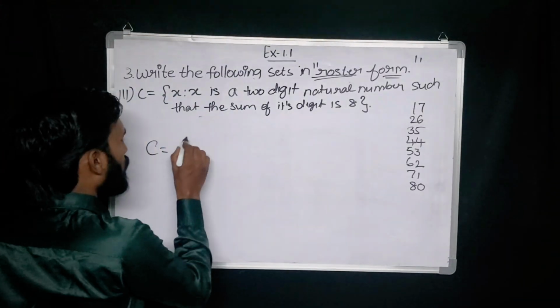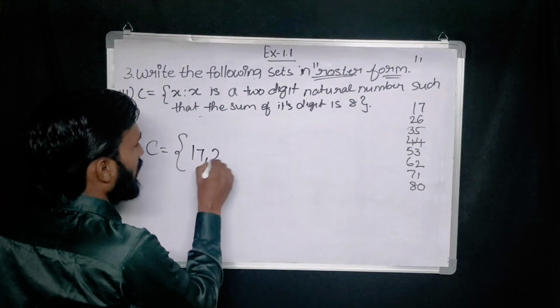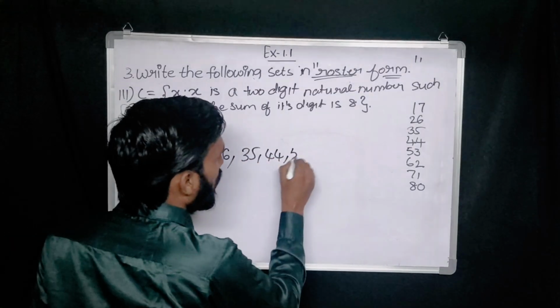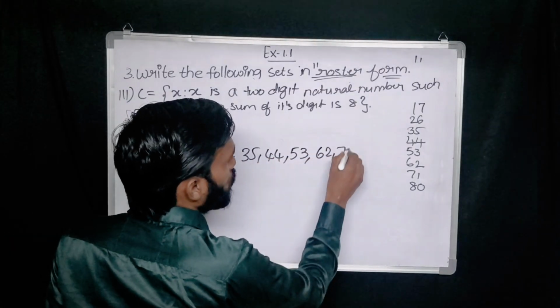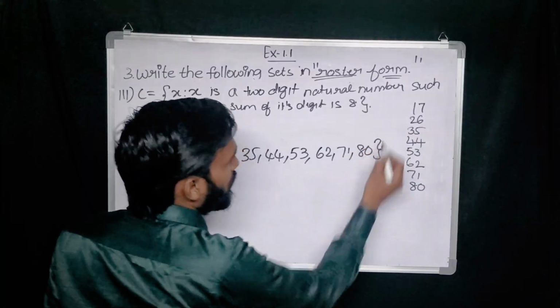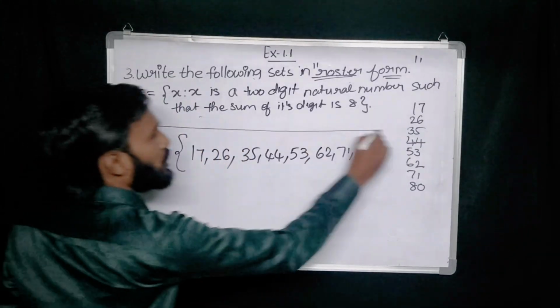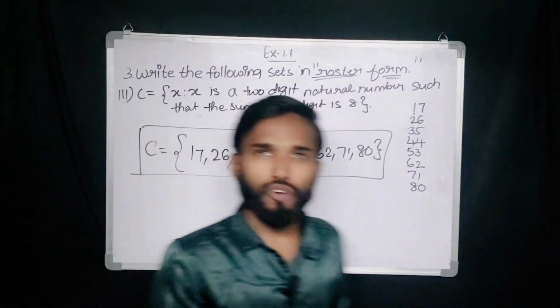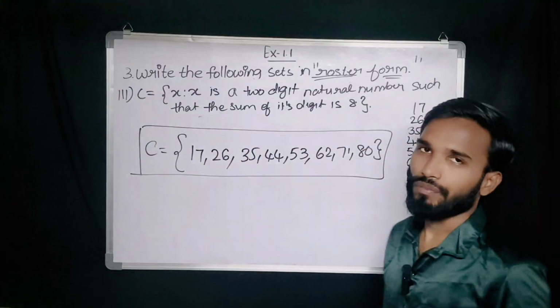So now write the first bracket, 17 comma 26 comma 35 comma 44 comma 53 comma 62 comma 71 comma 80. This is the roster form of the given set.